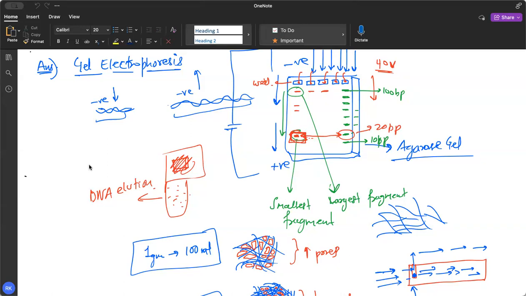Remember we talked about the structure of DNA in chapter 4. So, the phosphate group, PO4.